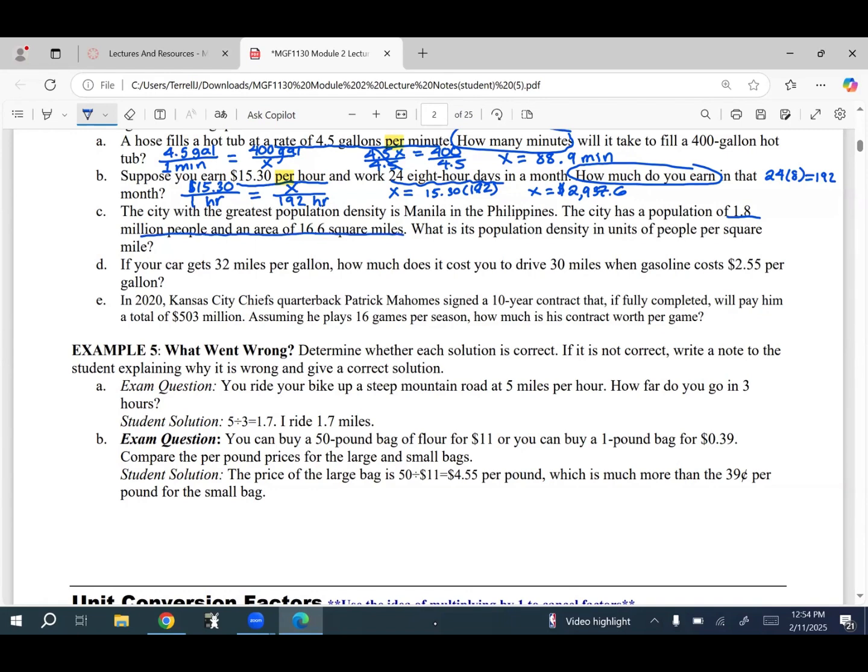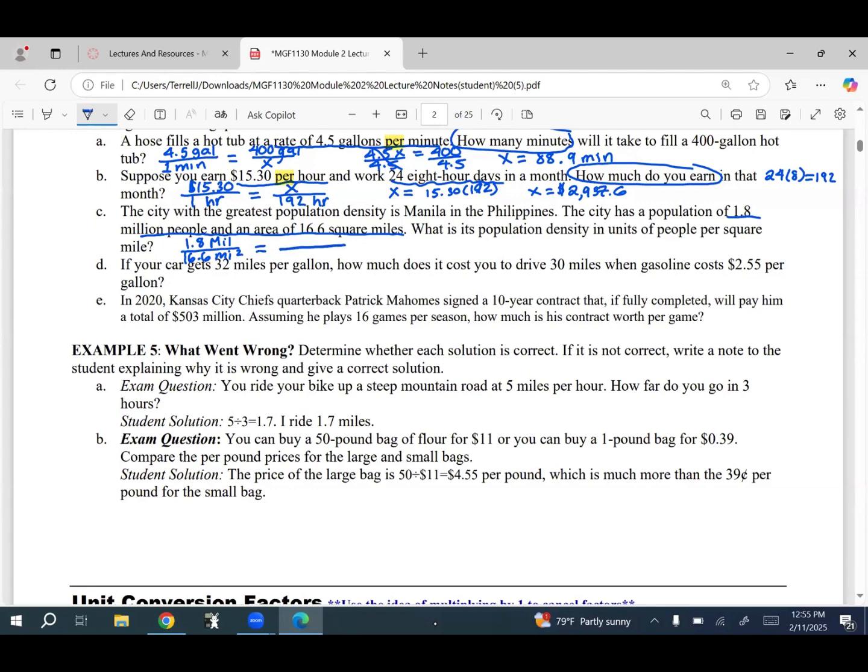So this is how I'm going to set that up. 1.8, I'm just going to abbreviate and put mil. 1.8 million people in 16.6 square miles, abbreviate miles, MI, and square it. So in that space of 16.6 square miles, 1.8 million people exist there. That's what that's saying. I wrote it as a fraction.